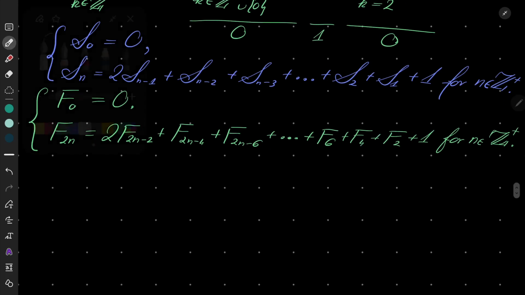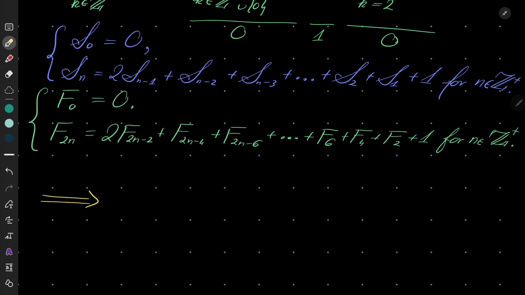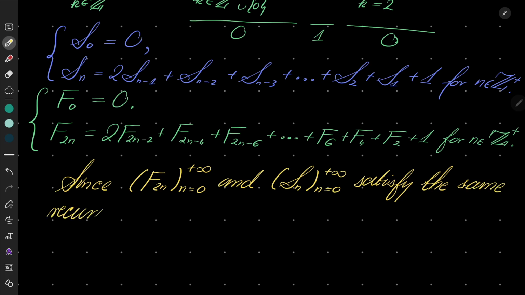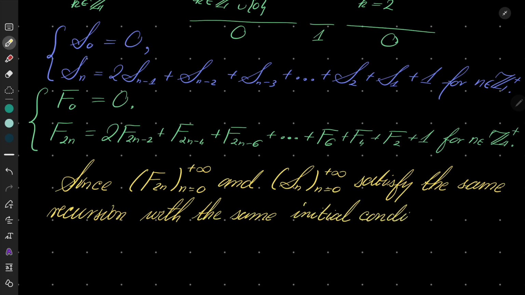And that means that, since F of 2n and S of n satisfy the same recursion with the same initial condition, they must be equal.